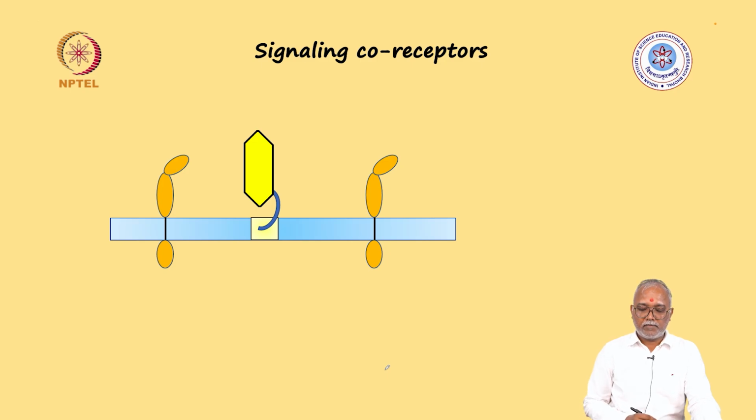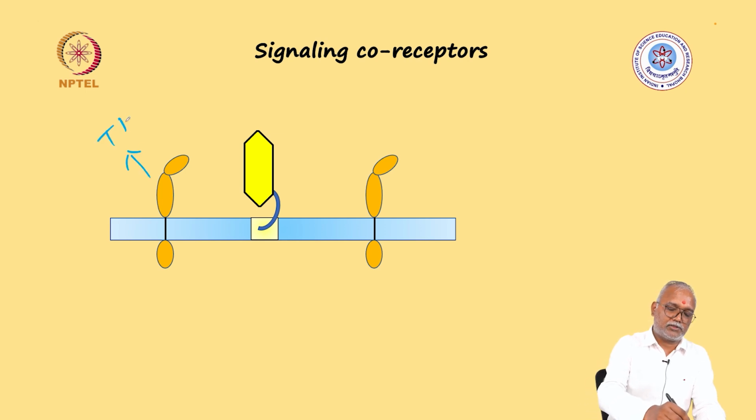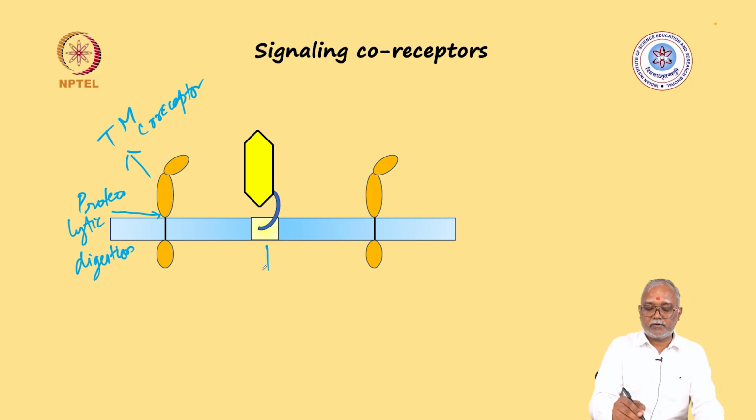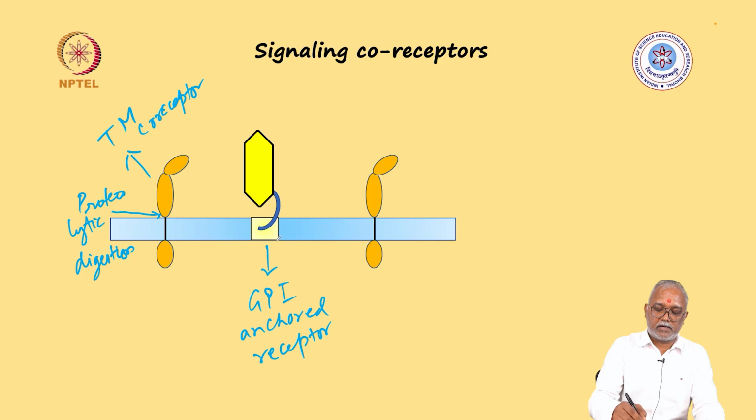So this is the scenario where you have the transmembrane co-receptor with the extracellular domain. It should have a place where proteolytic digestion can happen. Then you have these GPI anchored receptors, which basically means that they will not have any extension into the cytosol.